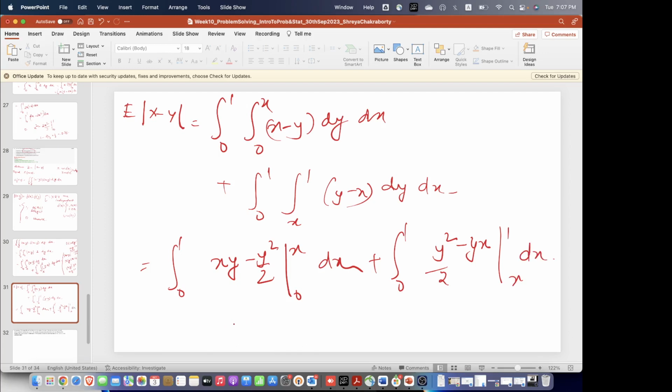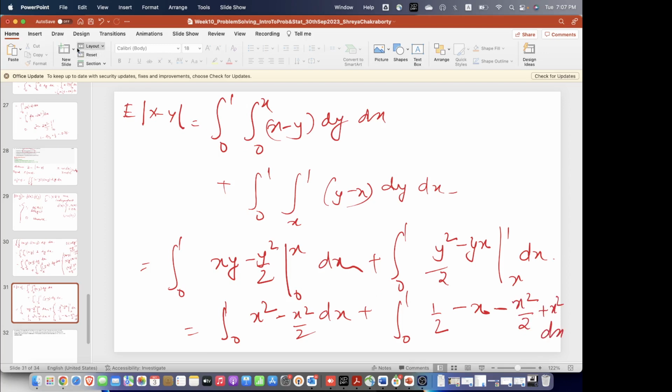This one we can write as the integral from 0 to 1 of x square minus x square by 2 dx, plus the integral from 0 to 1 of half minus x minus of x square by 2 plus x square dx.